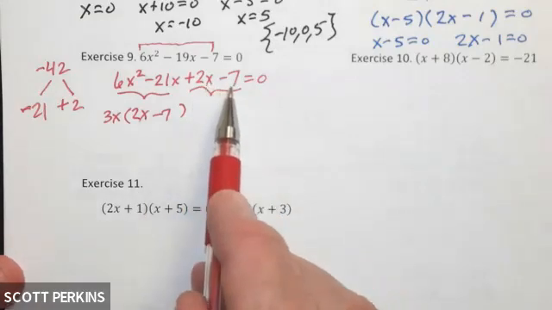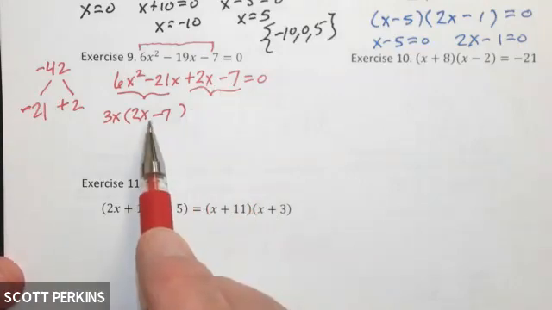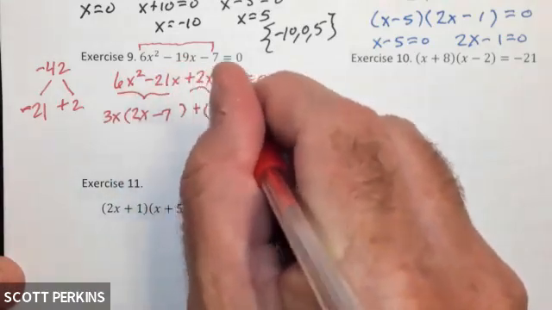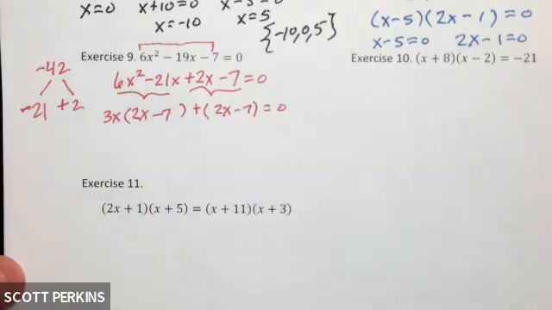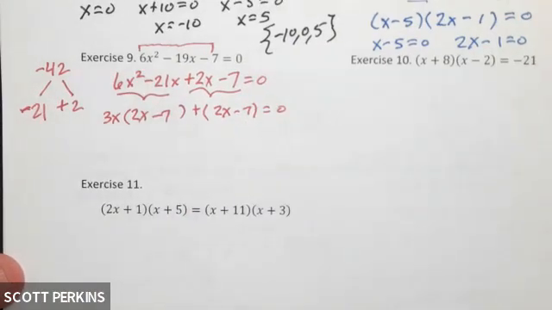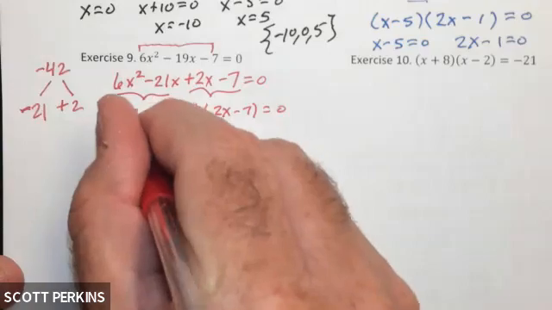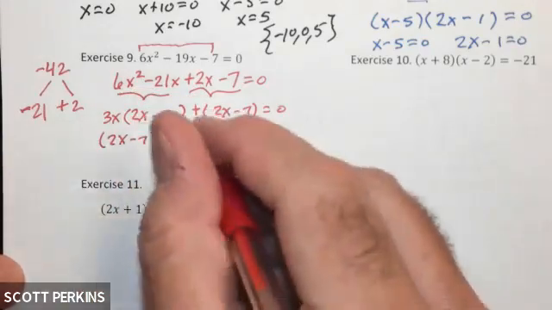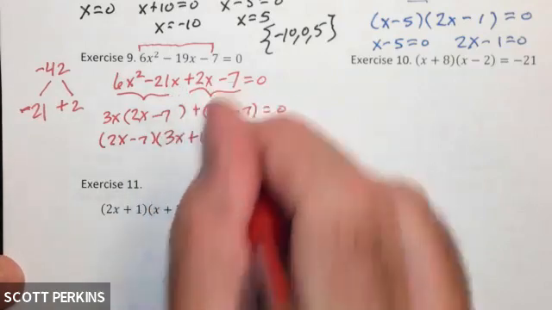The second pair of terms have nothing in common, but I do notice this second pair of terms is the same thing I already have in parentheses. So that tells me that I'm just going to group them. There's nothing really to do. The grouping worked. I've got 2x minus 7 in both parentheses, so that's great. I'm left with a 3x from the first and then a +1 from the second.